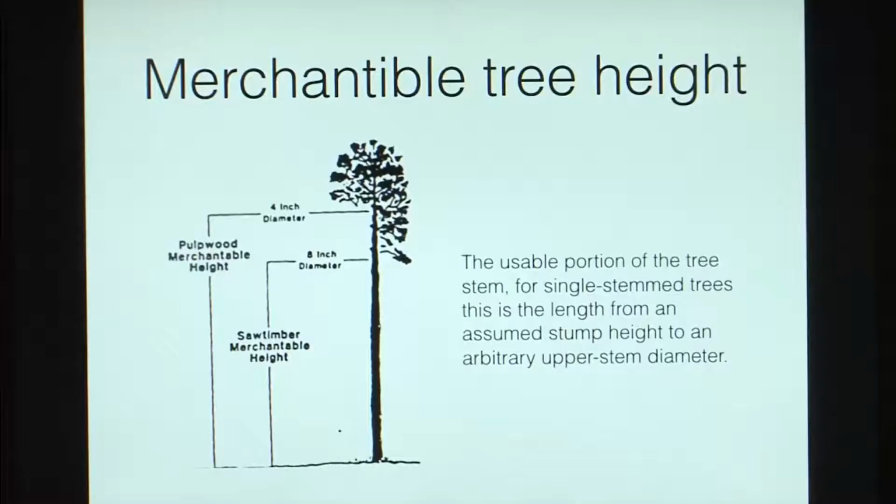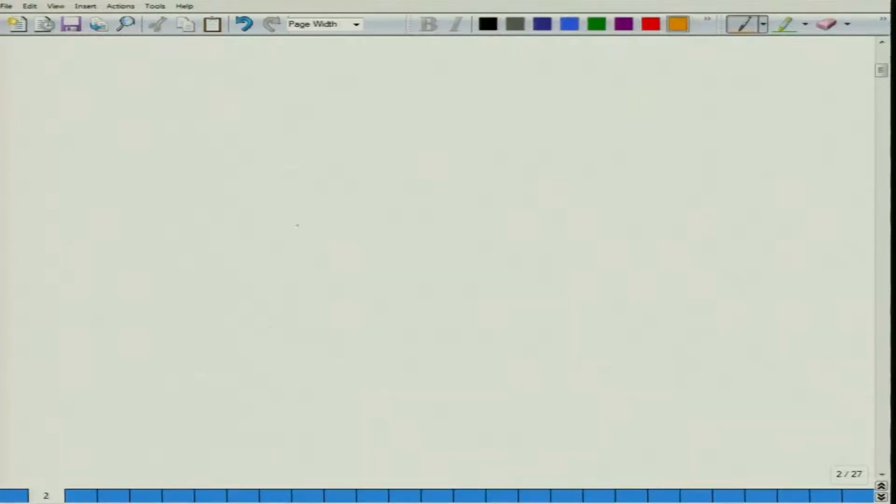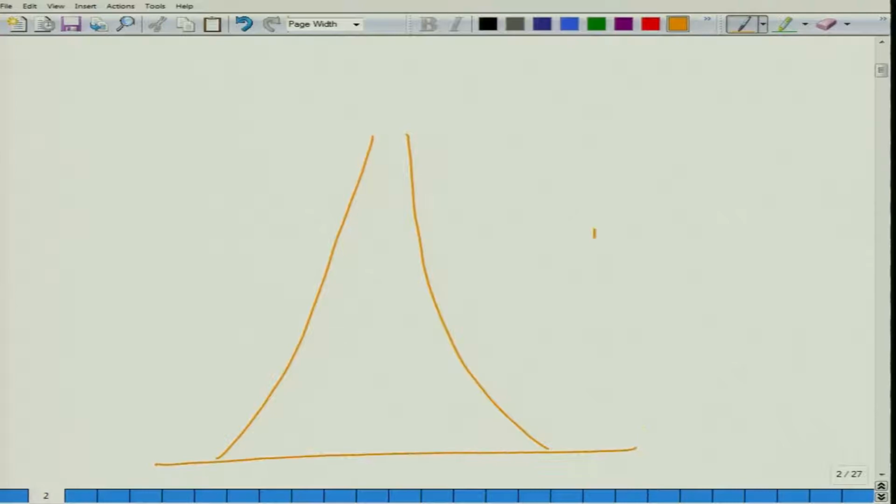One such term is the merchantable tree height. It is the usable portion of the tree stem. For single stem trees, that is the length from an assumed stump height to an arbitrary upper stem diameter. So, what does that mean? As we have seen previously, the tree is tapering from the ground as we go up.